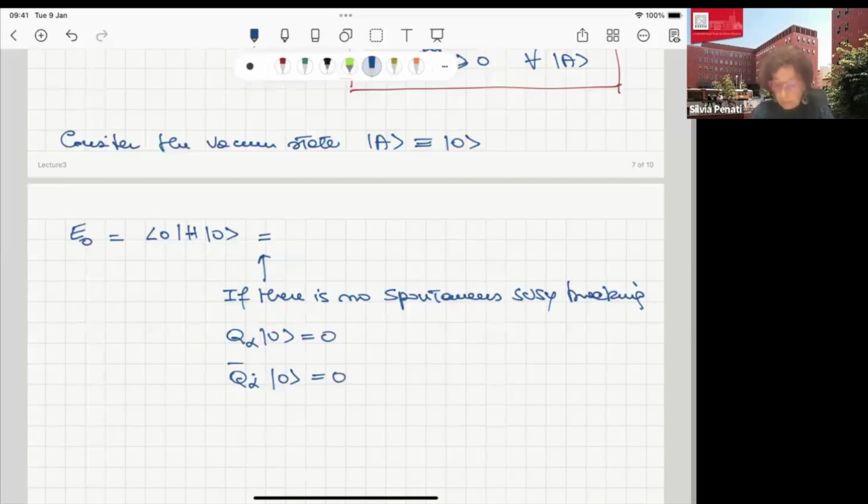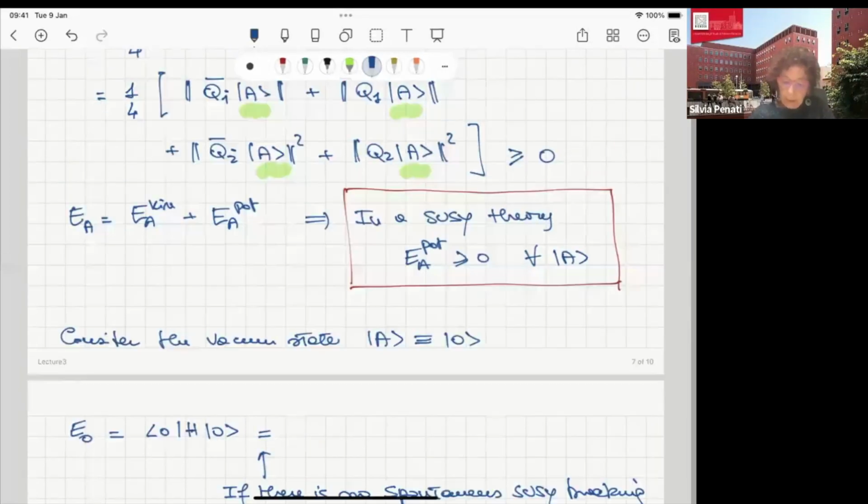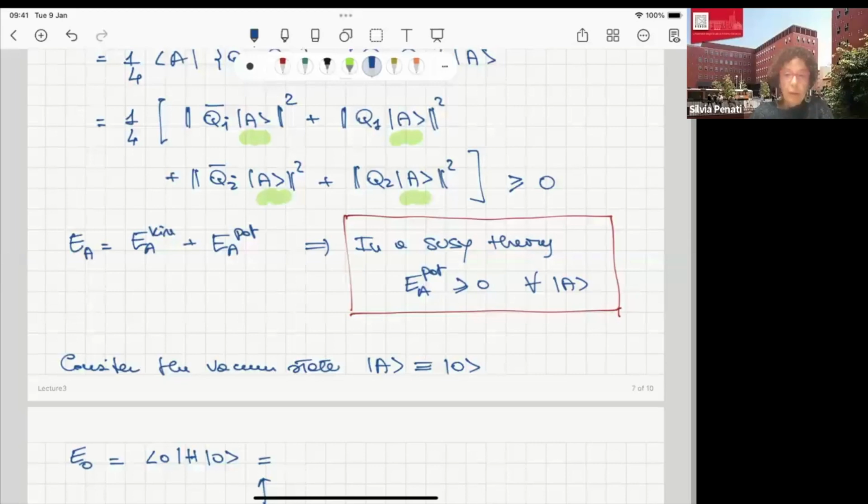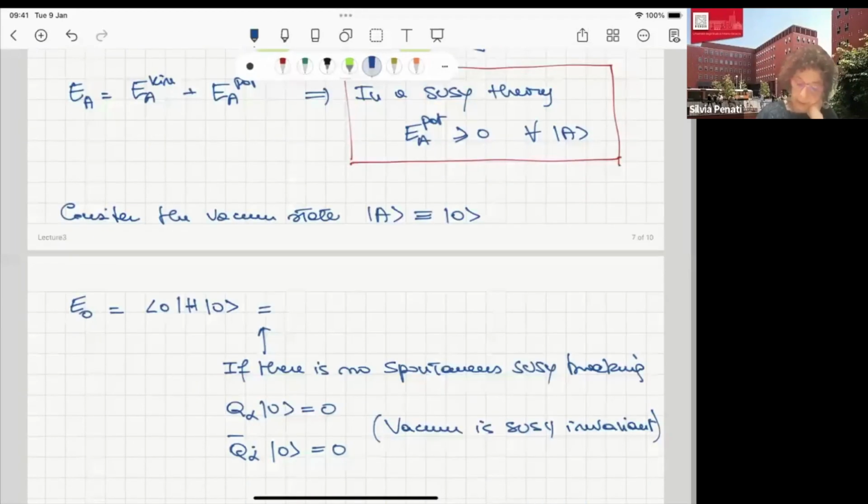The vacuum is SUSY invariant. Then, simply looking at the previous calculation, when you replace A with the vacuum, you will find that the energy of the vacuum is 0.